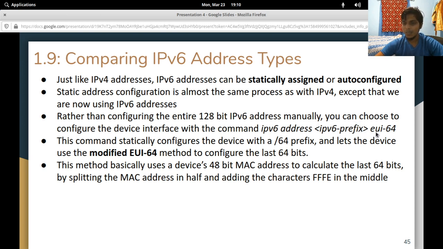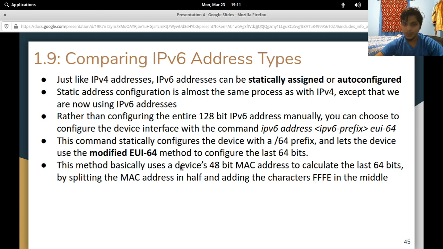Then we'll put a space and put the word eui-64, and this would configure the device with the /64 prefix that we put in here, and it would let the device use the modified EUI-64 method to configure its own last 64 bits rather than typing out the full 128 bits. So this method basically uses the device's 48-bit MAC address to calculate the last 64 bits by splitting the MAC address in half and adding the characters FE in the middle.